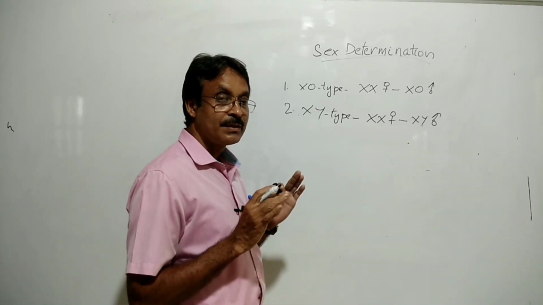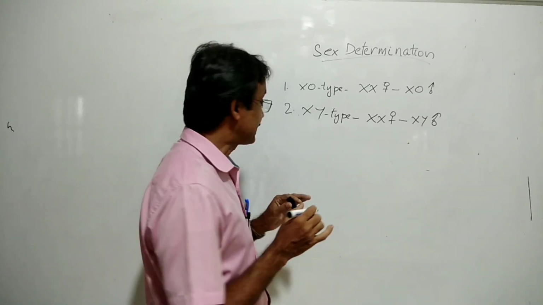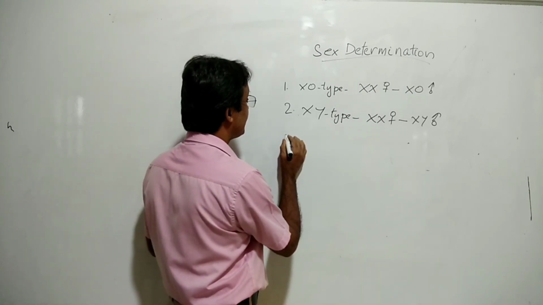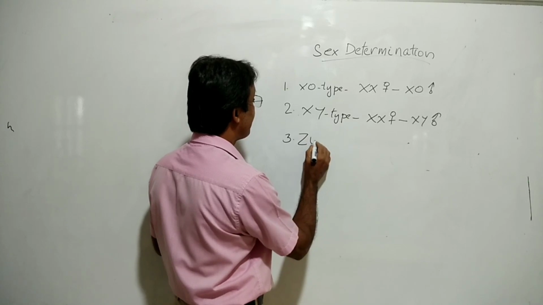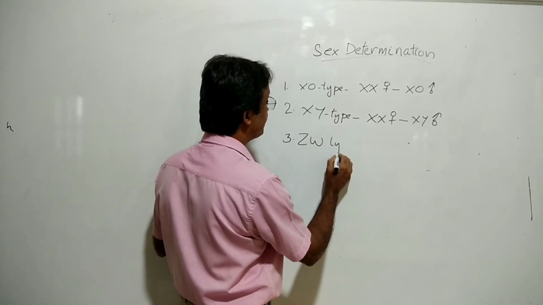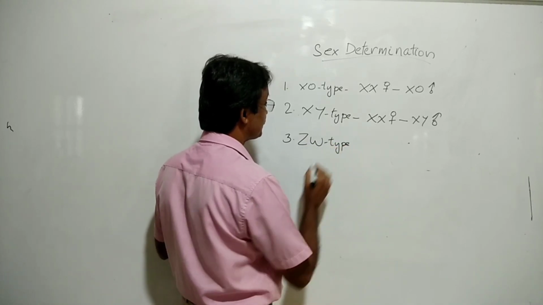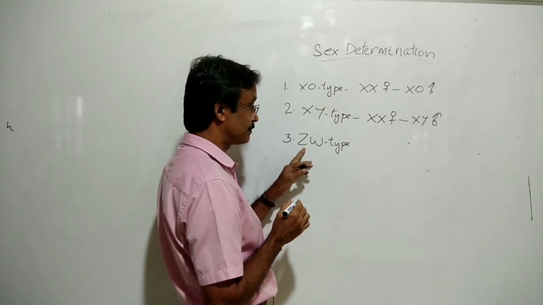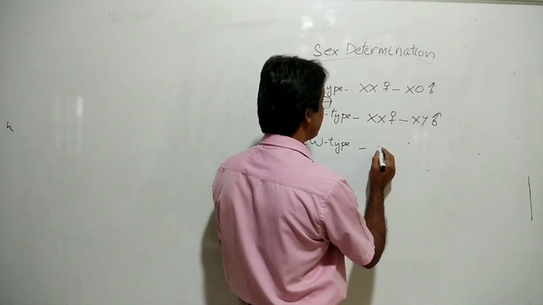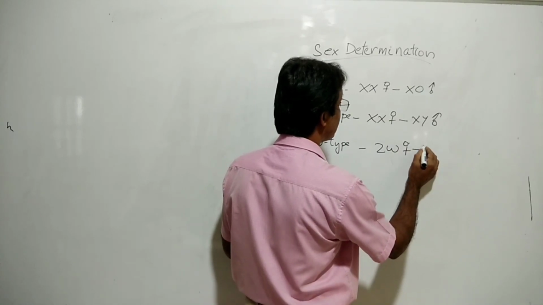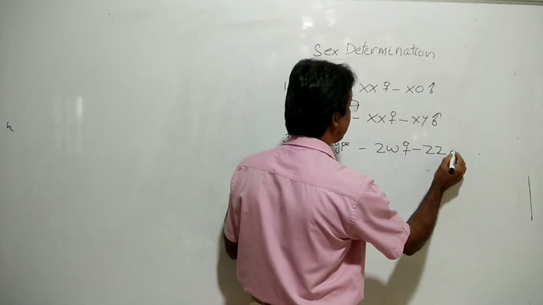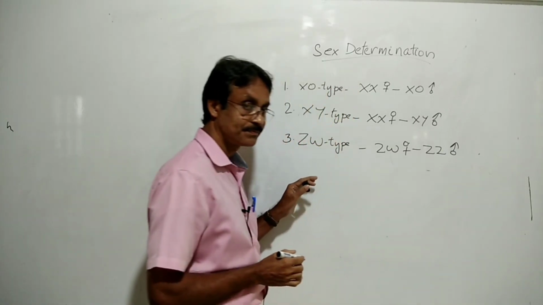Then the third type of sex determining mechanism is called ZW type. ZW type, or it is the ZW female, ZZ male mechanism.